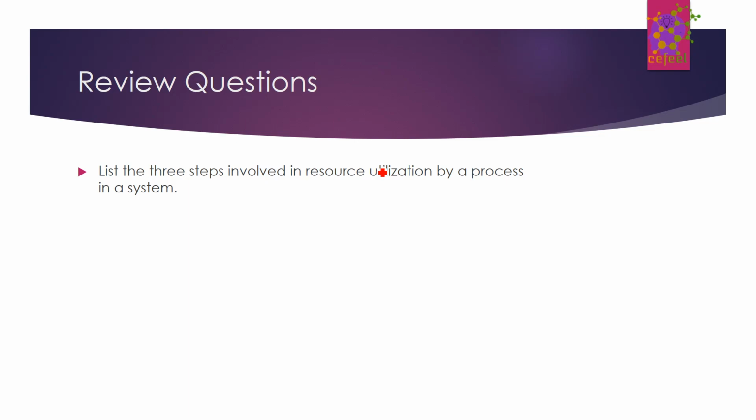So list 3 steps involved in resource utilization by a process in a system. Okay, the second question is a little cooler. So imagine a real world situation, which means not in the context of computing, and try to find an example where there is a deadlock or there is a livelock.